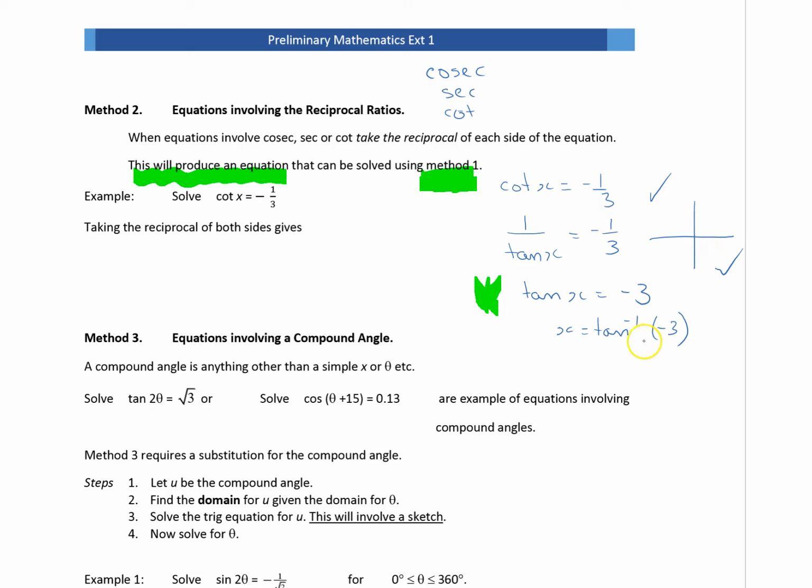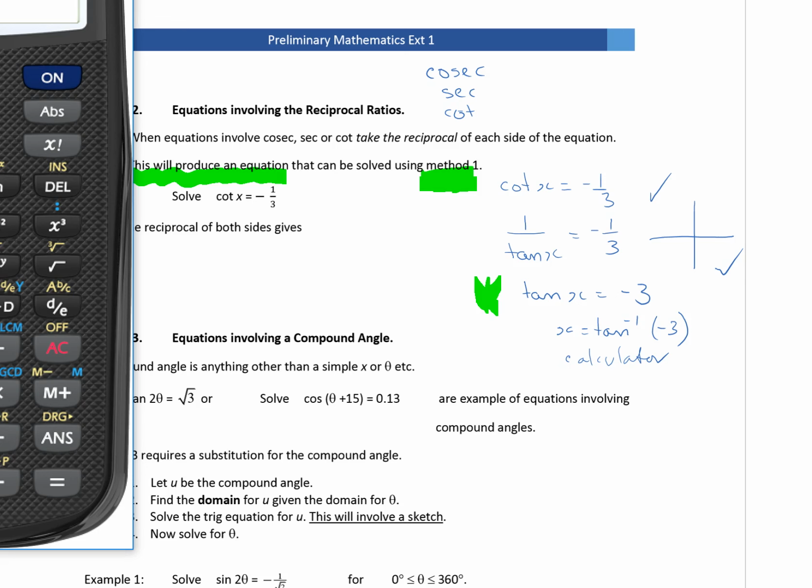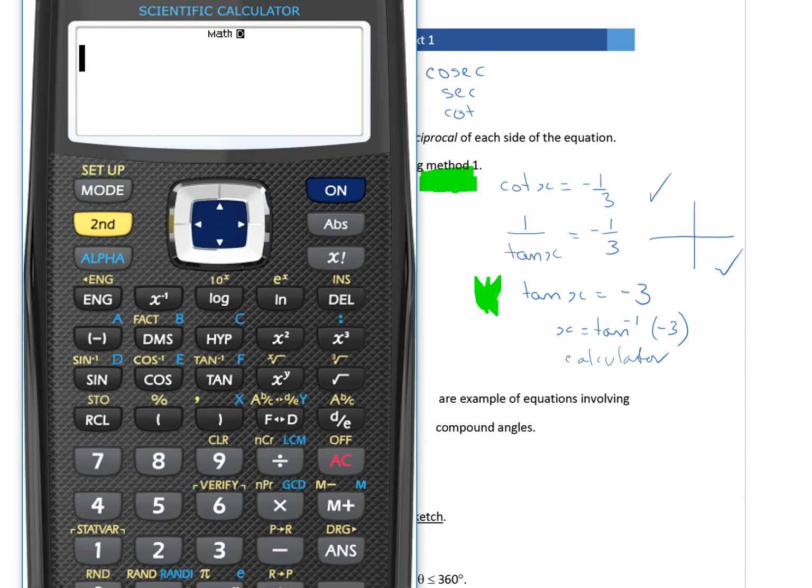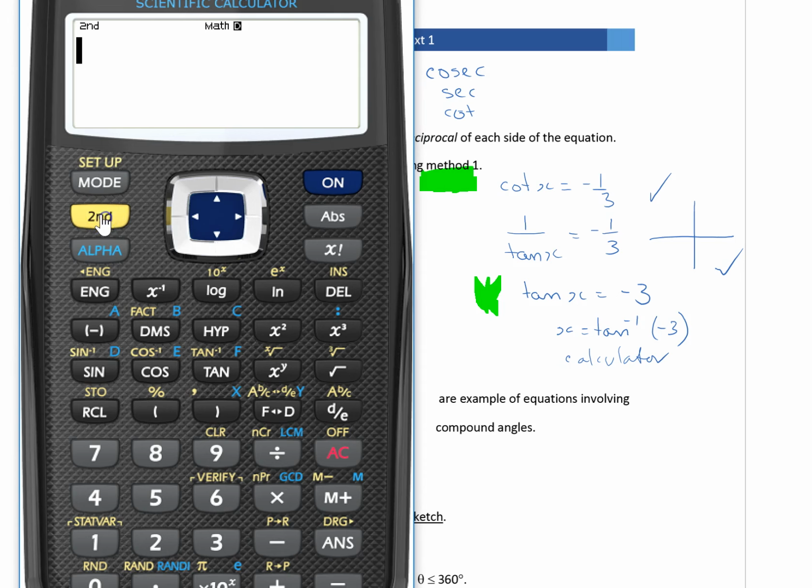I would find my acute angle by going to the calculator. So let's have a look at that. Let me move that so that you can actually see. Second function tan of -3, close the bracket, equals, it's saying it is -71.